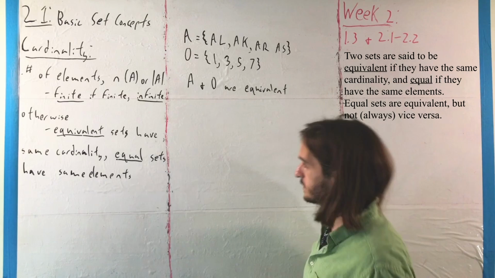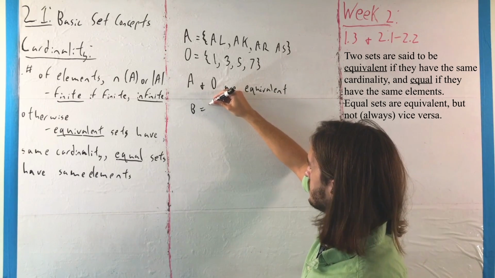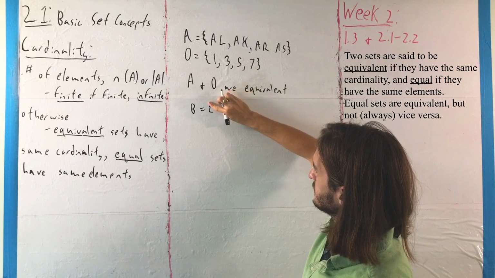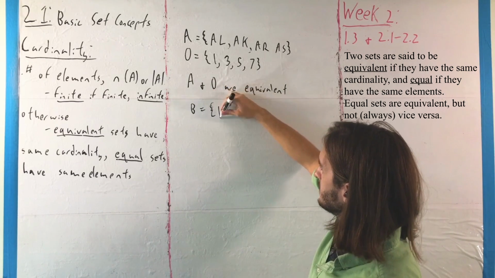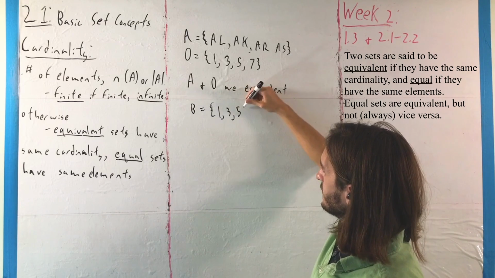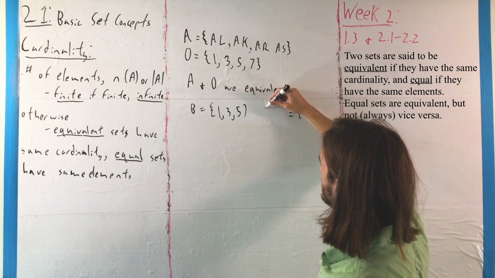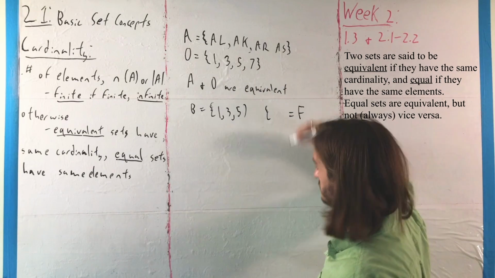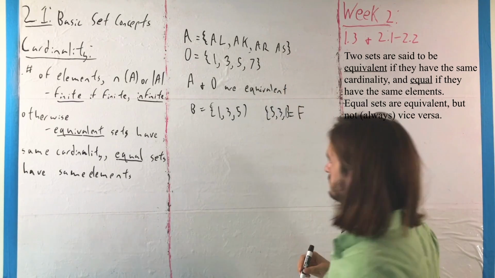So, for example, if I have the set B consisting of things, oh man, that's another terrible curly brace. I'm getting lazier and lazier. 1, 3, and 5. And I also have the set F, which I'm going to write in reverse, as the things 5, 3, and 1.